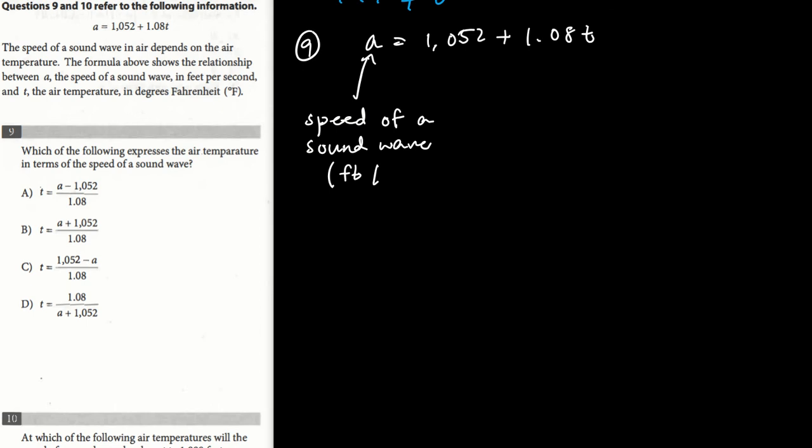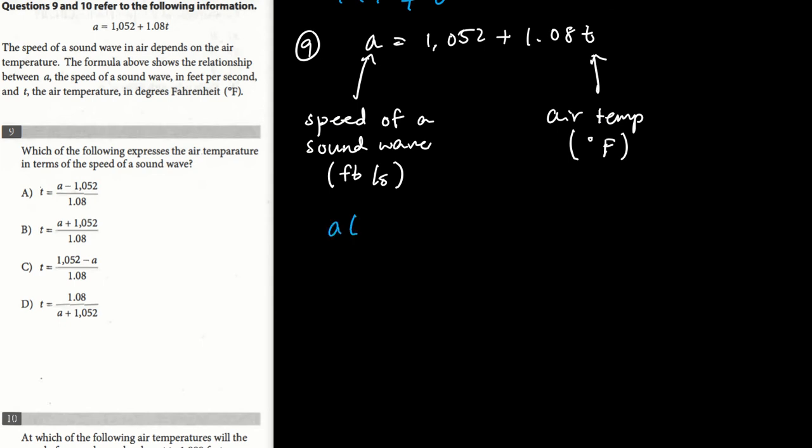So you notice how the College Board gives you units. This corroborates that it's good practice. And then T is air temperature, and this is in degrees Fahrenheit. In problem 9, we're asked to find the air temperature in terms of the speed of a sound wave. The information we're given is the speed of a sound wave in terms of air temperature.